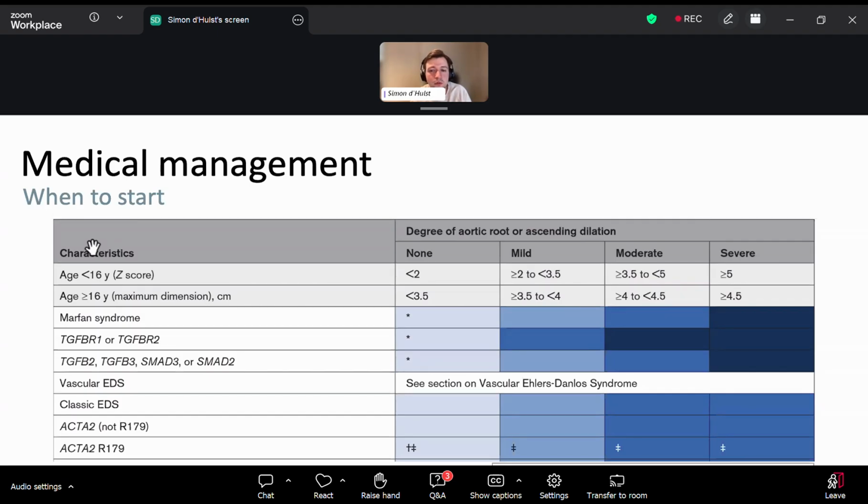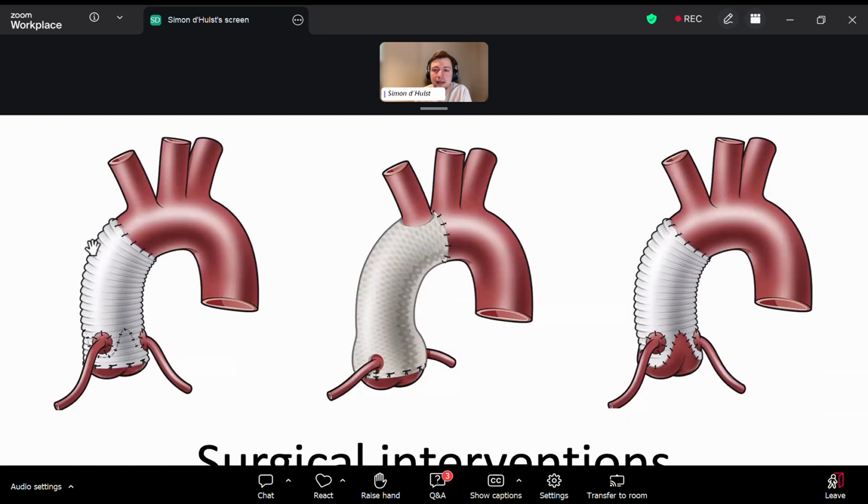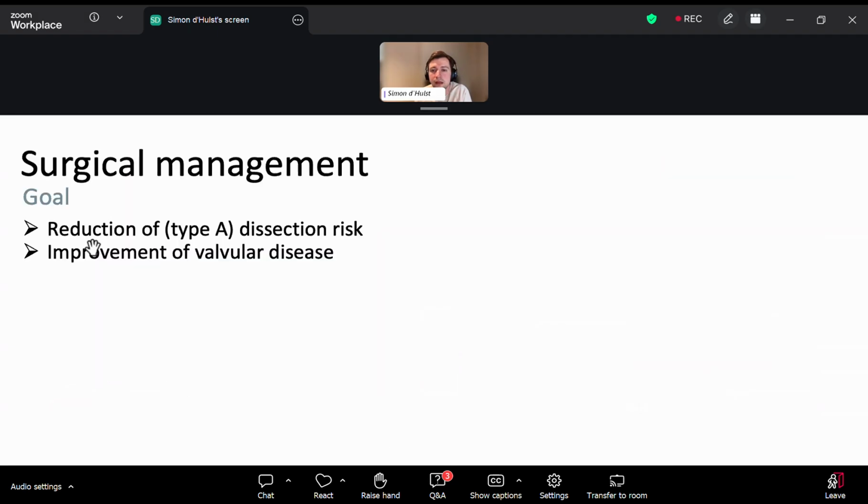Specifically for children with aortopathy, hypertension should always be treated aggressively, although I must admit that we rarely see hypertension in our patients. In children with aggressive disease progression, preventive aortic surgery may become necessary.